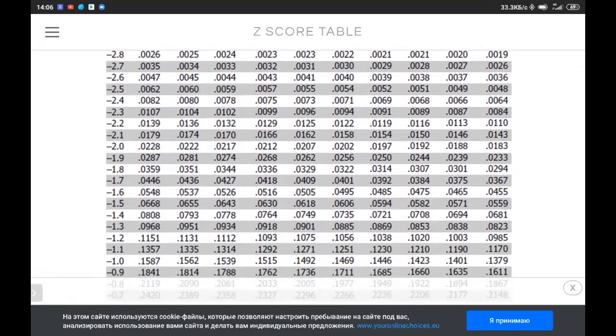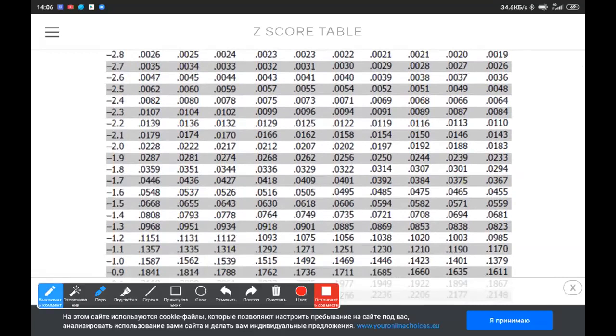I see 44, 43, I see 54. Okay, so here. These two entries: 5.05% and 4.95%. 5% is exactly in the middle between those two.